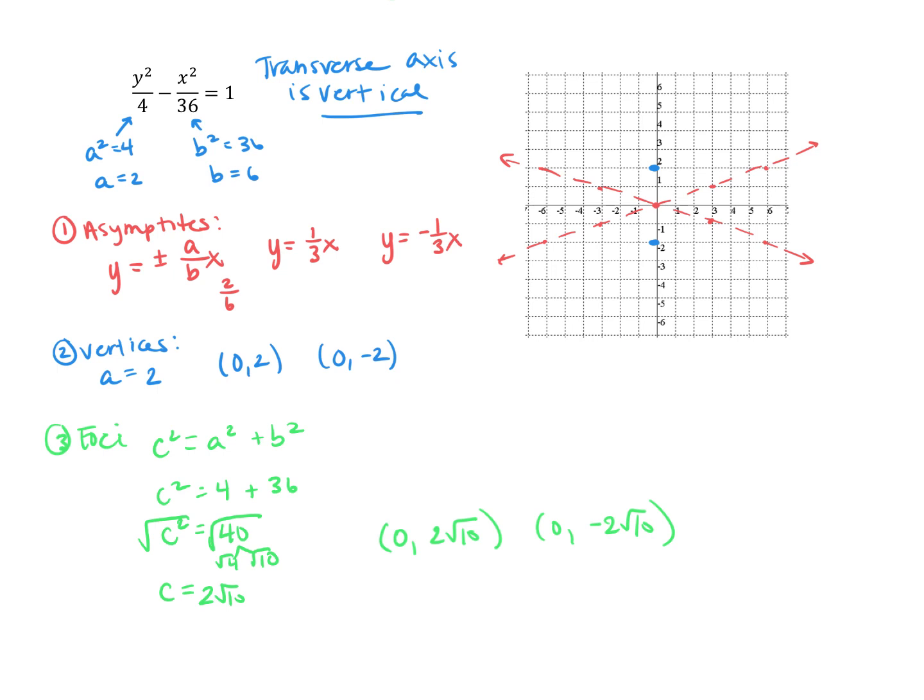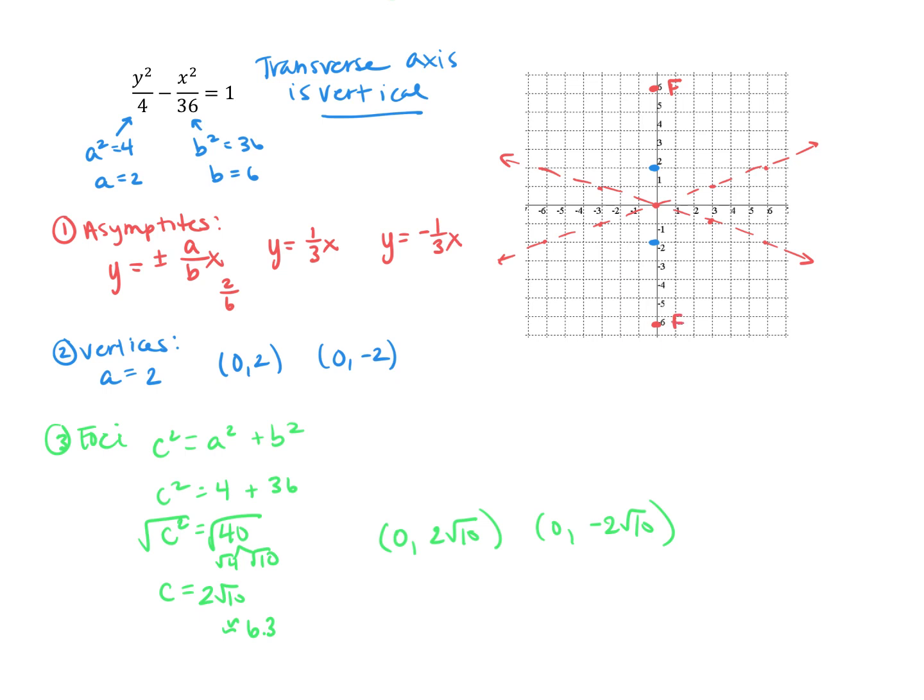That's when you would type that into your calculator and say, all right, I know that's about equal to 6.3. So we're going to graph the foci at 6.3 and we're going to label it F so we don't confuse it with the vertices. So I'm going to go up from the origin 6.3 units. There's one focus, and then I'm going to go down from the origin 6.3 units.